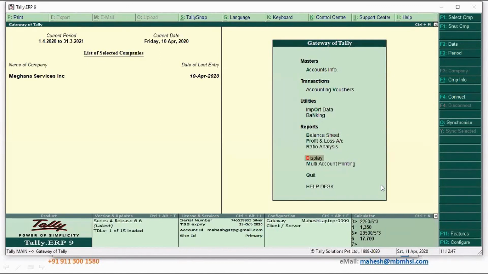Works contract, how do we enter? Madam, I'm not aware of this works contract. What is this works contract? If you could help me understand what this works contract is and how it typically operates, then I could help you by showing how it has to be entered in Tally. So do you want to explain over your voice?